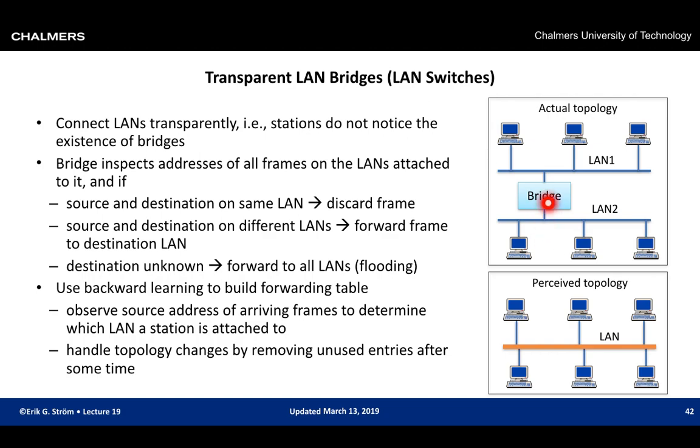This can be done by the bridge using backward learning or adaptive learning, which has a few other names. Essentially, what the bridge does is listen to traffic on the LANs, figure out where the stations are located, and form a forwarding table from that.